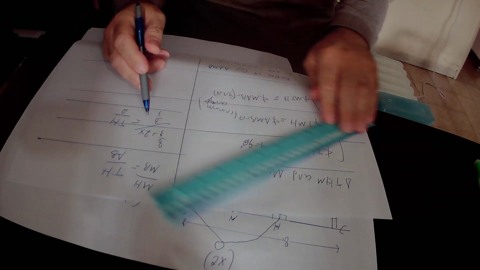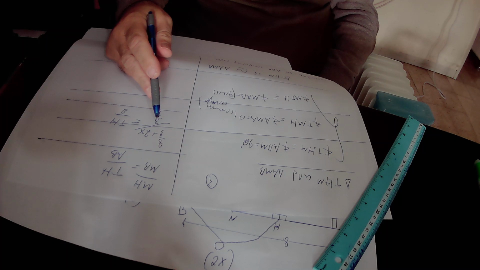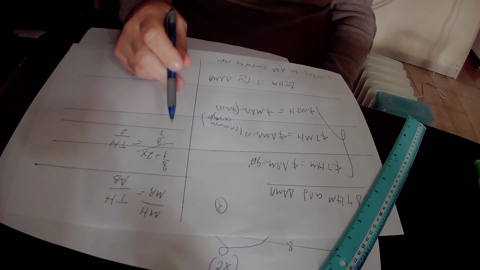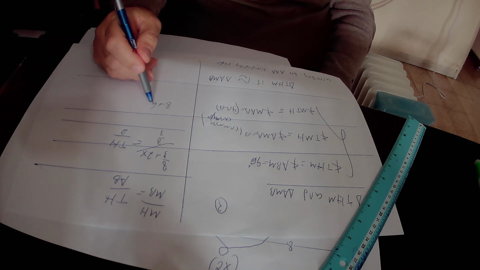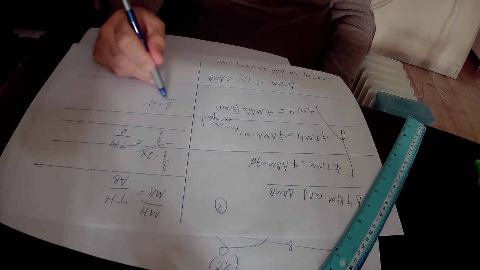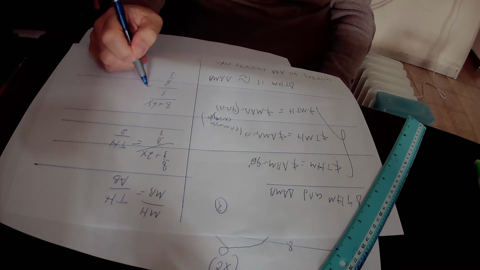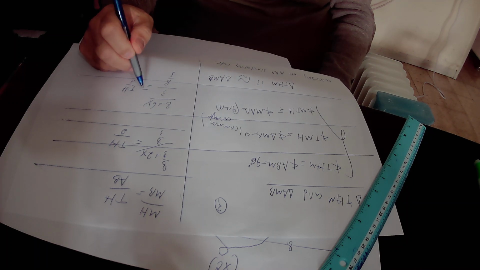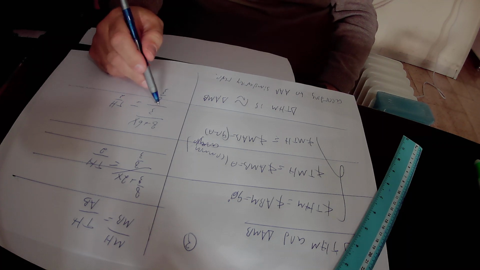Here we multiply 2x by 3 and then divide it by 3 in order to have a common factor with 8 over 3, and we get in the numerator 8 plus 6x over 3, over 8 over 3, equal to TH over 2. Here we have 3 in the numerator and 3 in the denominator, so the 3 gets cancelled.